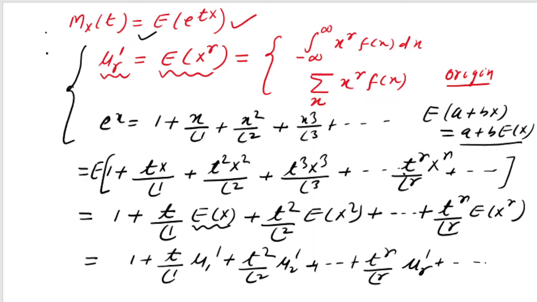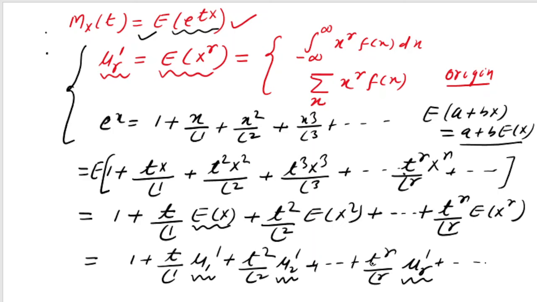So did you realize one thing, that if I am writing the expansion of e to the power tx and taking its expectation, we are getting the moments of different order. This is the first order moment, that is the expectation of x. This is the second order moment, that is expectation of x square. This is the rth order moment, that is expectation of x to the power r.